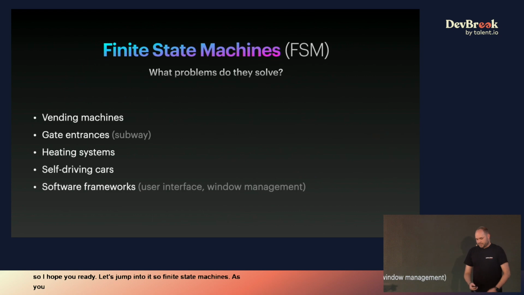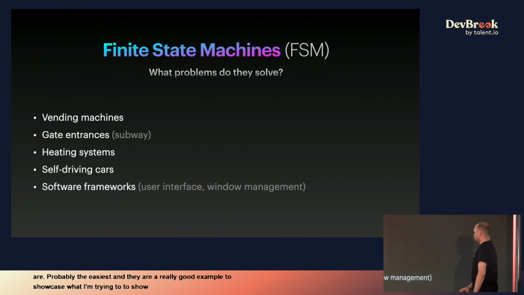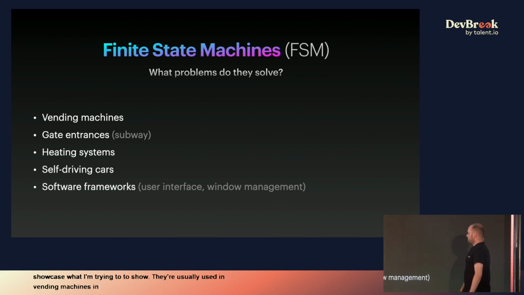As you might know, there are lots of different state machines. I'm focusing on finite state machines in particular because they are probably the easiest, and they are a really good example to showcase what I'm trying to show. They're usually used in vending machines, in gate entrances, in the subway.